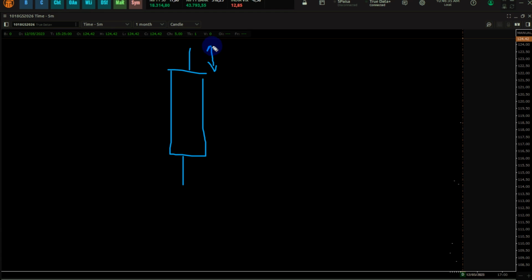Because the market has auctioned from this point to this point, the COT high generally would be negative, because you will find market sellers or market sell orders over here. The market sellers would have taken this down.